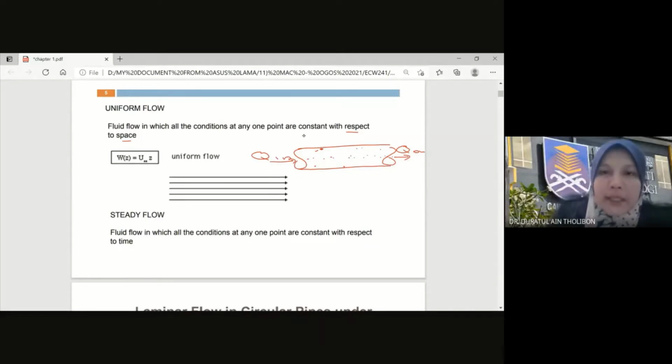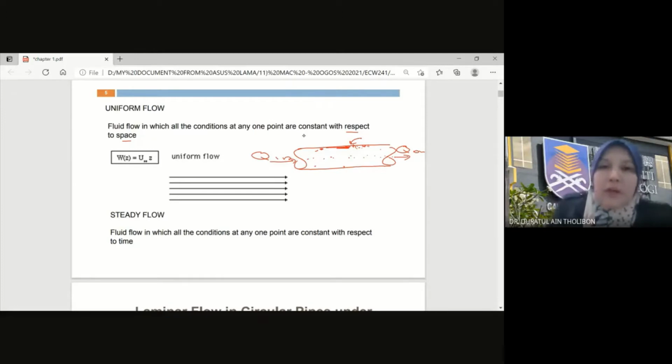Basically where we have the flow that moves at the boundary of the pipe, kita ada friction, geseran. Friction yang terjadi disebabkan perlanggaran molekul air di antara molekul air dan juga pipe punya boundary.